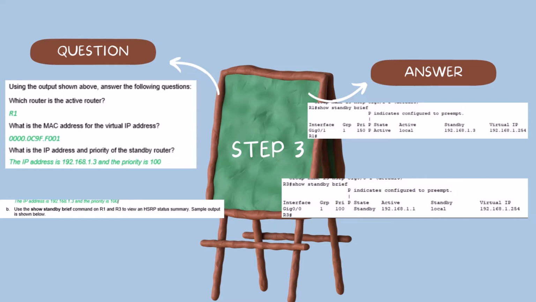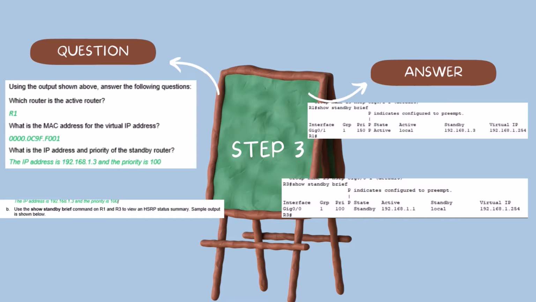So next soalan adalah what is the MAC address for the virtual IP address? Jawapan dia adalah 0000.0C9F.F001. MAC address router 1 dengan router 3 adalah sama. So next question, what is the IP address and priority of the standby router?